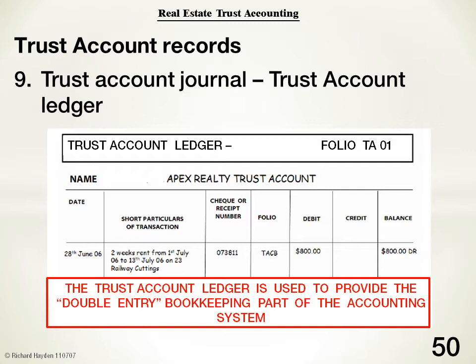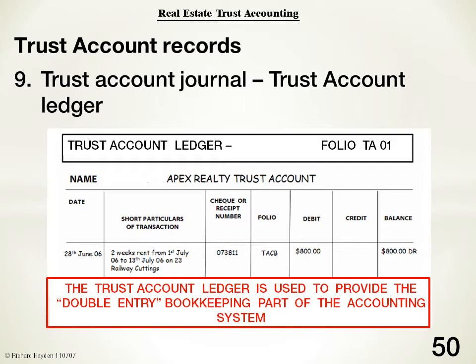On the 28th of June we did receive 2 weeks rent, and that was on 23 railway cuttings. It was by receipt number 073811. The folio, that's where we can find the original source document, was the trust account cash book.